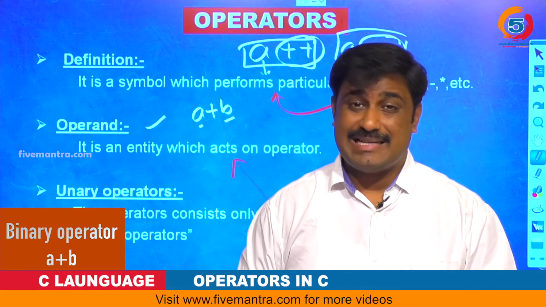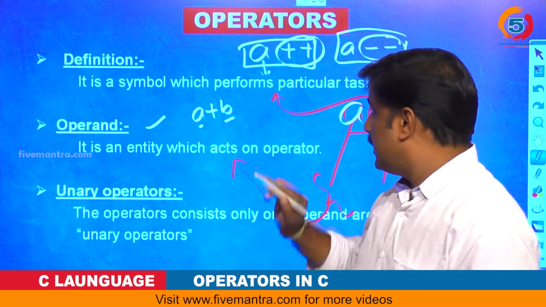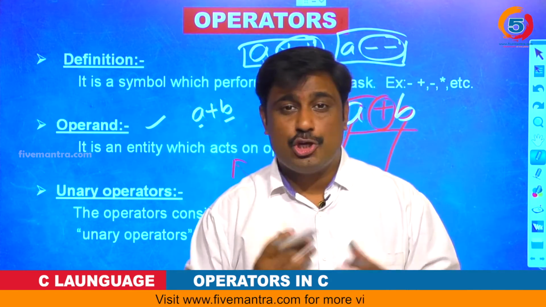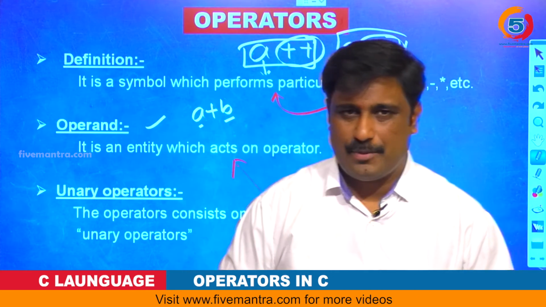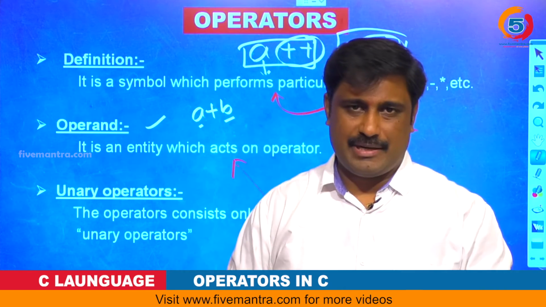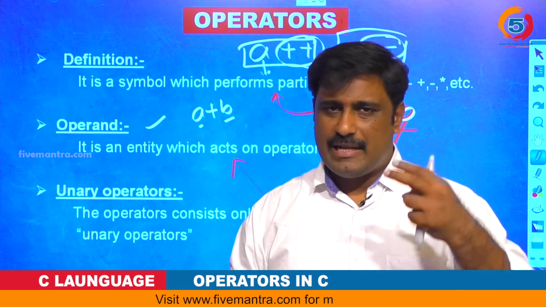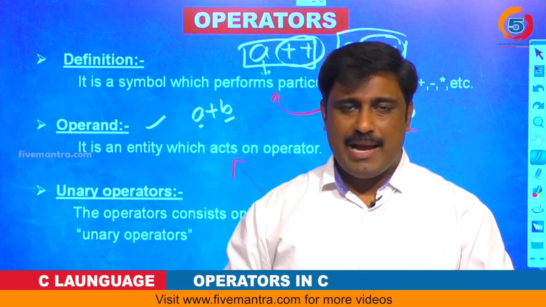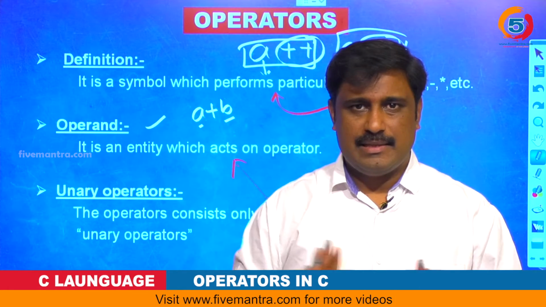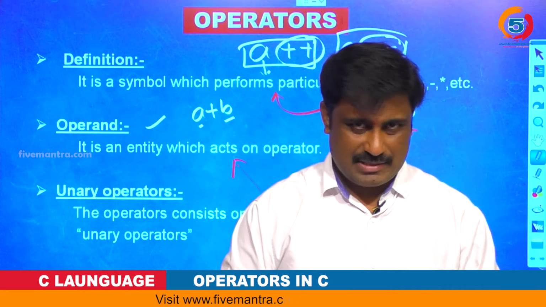So we have three types of operators based on operands: unary operator, binary operator, and ternary operator. In a unary operator only one operand is used, in a binary operator two operands, and in a ternary operator three operands. This is our simple definition, the classification of the operators.